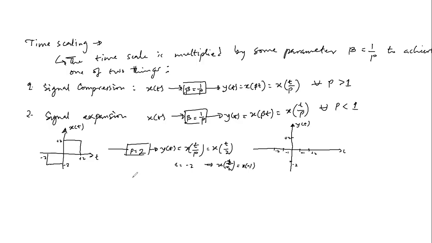So meaning, right here, looking at the input, at t equal to -2, the amplitude is -2. So subsequently, at the output, we have the same amplitude of negative 2 at t equal to -1. So we're going to get something like this.